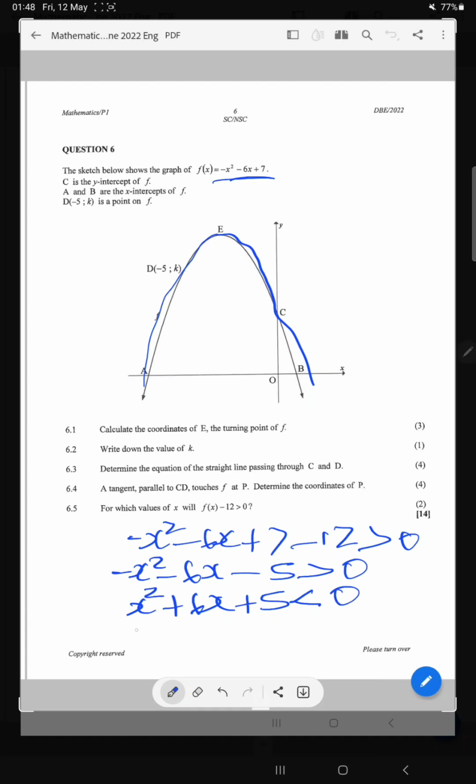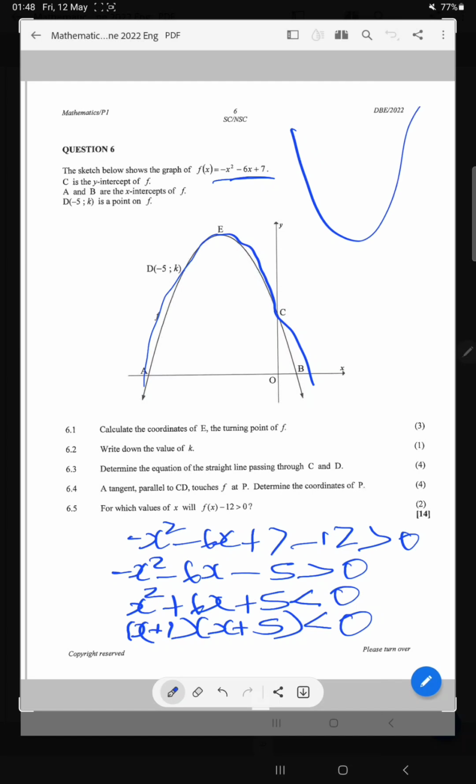Let's factorize, guys. Five and 1. 5 plus 1 is 6. 1 multiplied by 5 is 5. Okay.